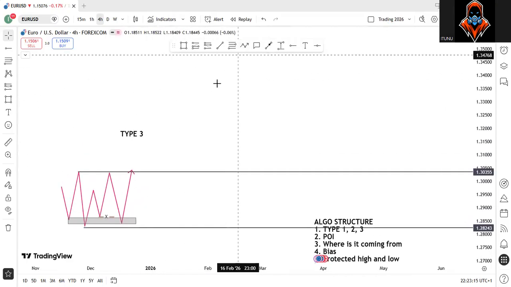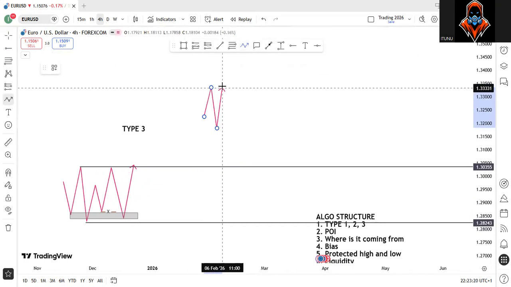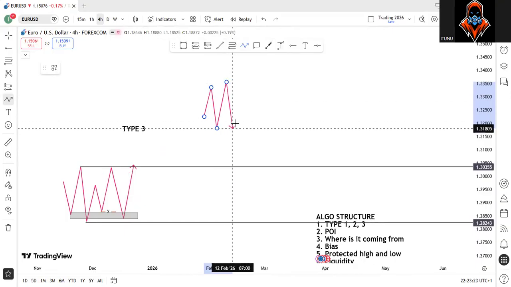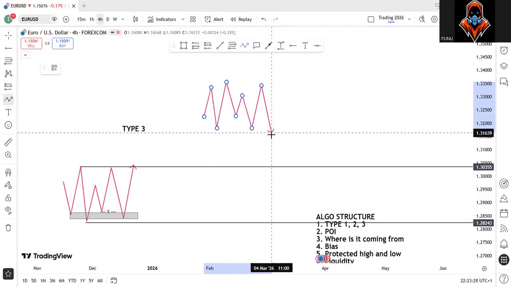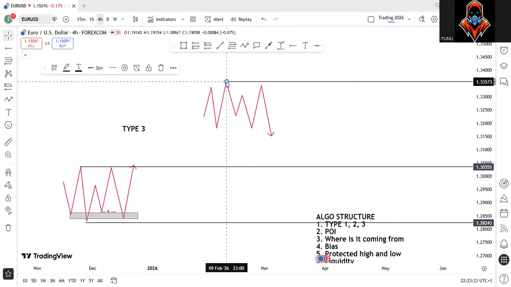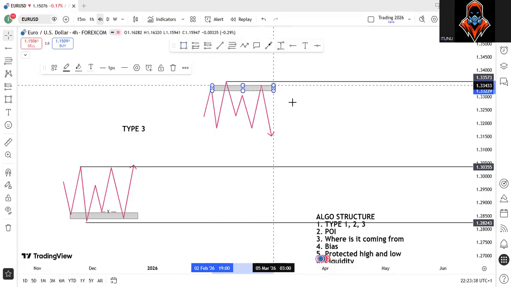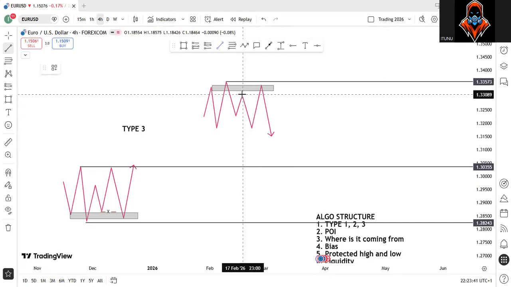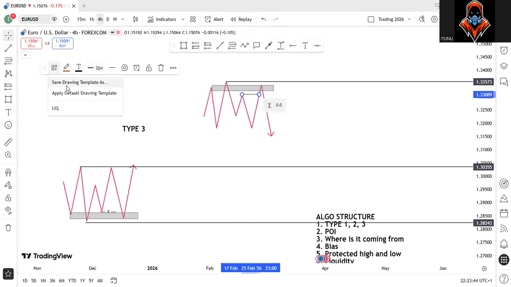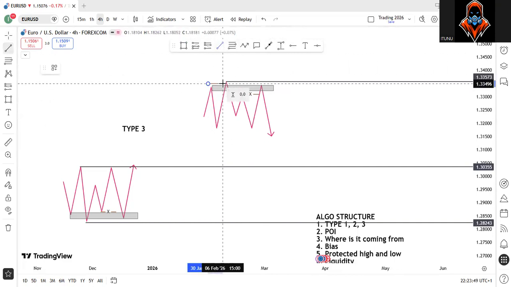Then in a bearish scenario, it looks like this: protected high, our POI, our liquidity, our sweep, which was this level being taken out.